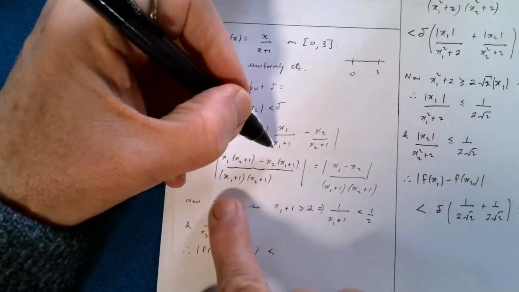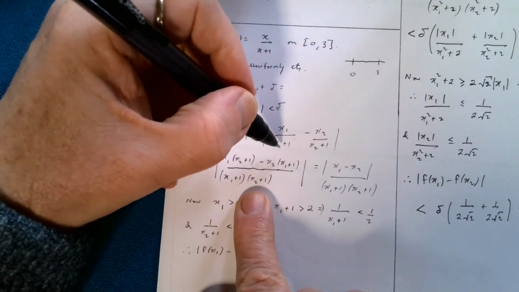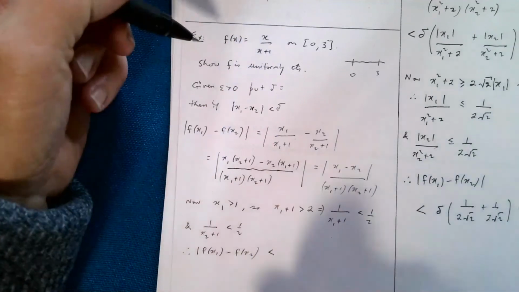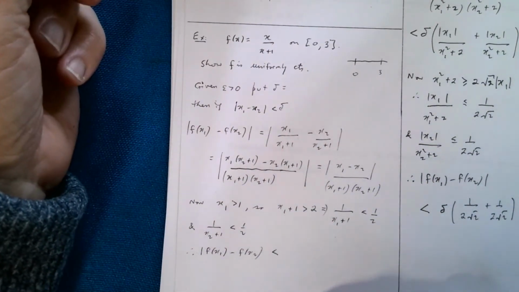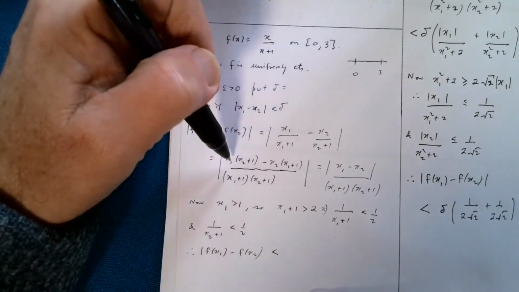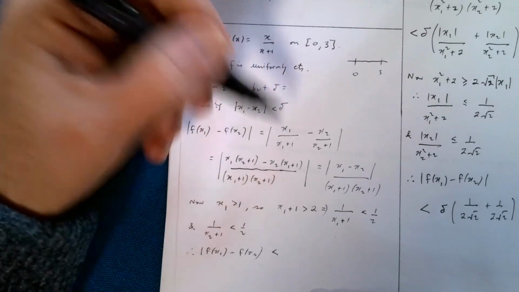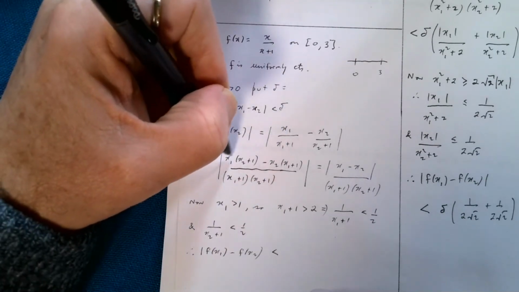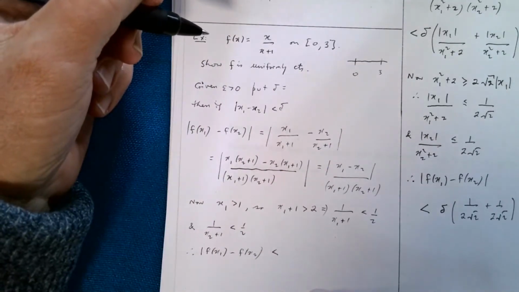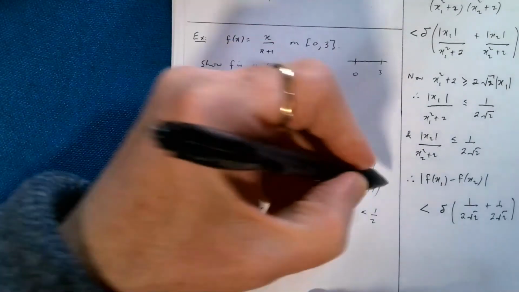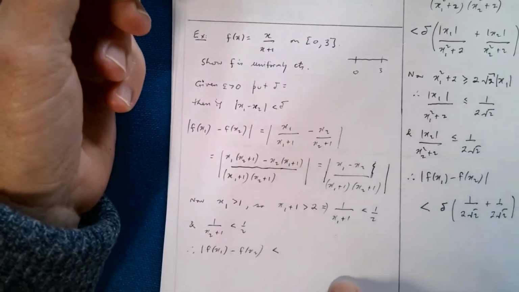So I multiply these together, and I've got x1 times this one minus x2 times this one. So I just put those two terms over a common denominator. Now I get x1x2 minus x2x1, that cancels out. So I get the absolute value of x1 minus x2 over the product. It's actually the absolute value of the whole thing, I should make it absolute value of everything.